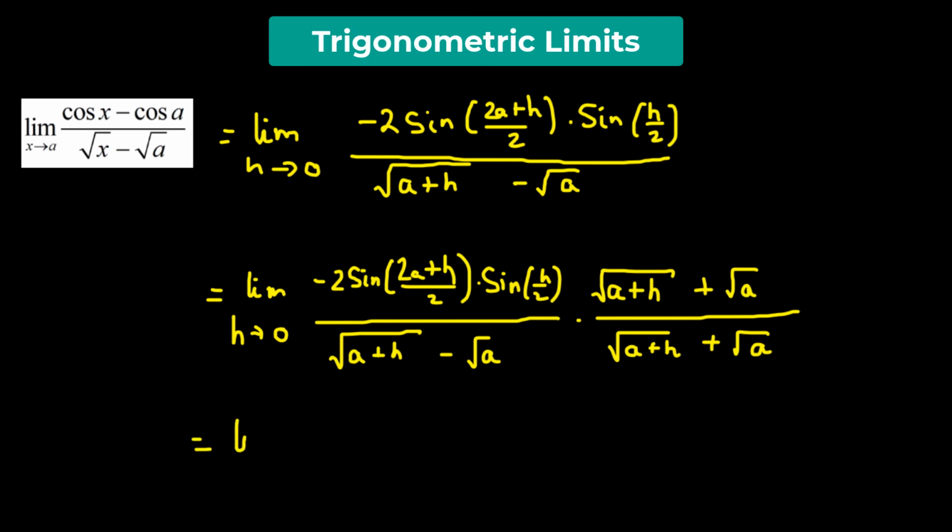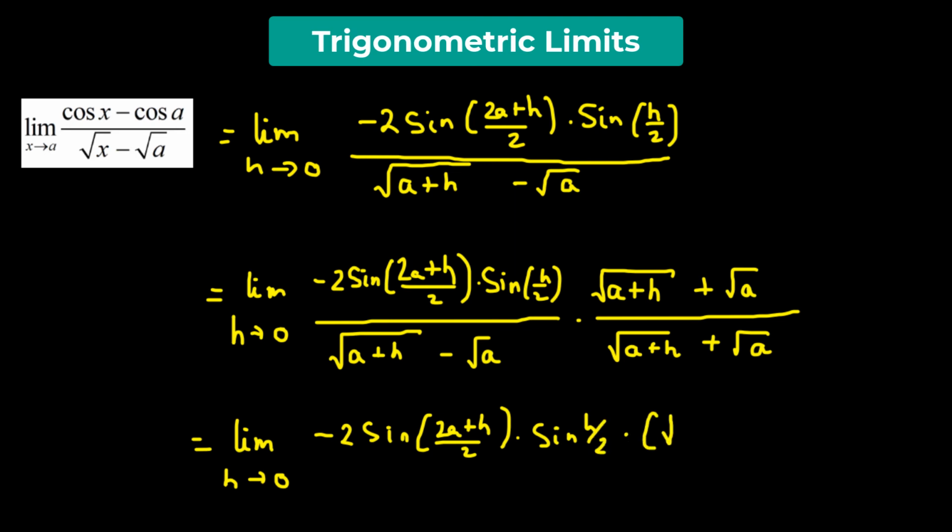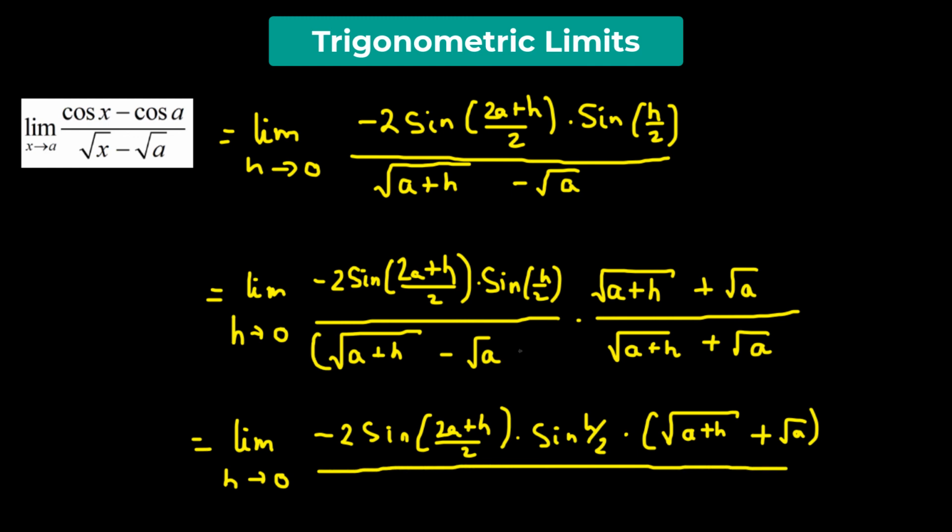Now that converts the expression to the limit as h goes to 0 of negative 2 sine of (2a plus h) over 2 times sine of h over 2 times the square root of a plus h plus the square root of a, divided by, so we have two functions, a minus b times a plus b, so that becomes simply a plus h minus a.